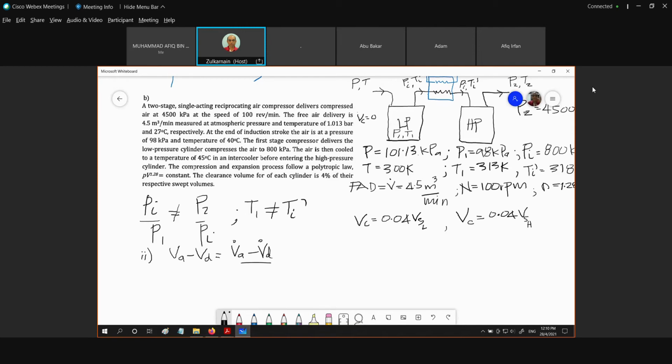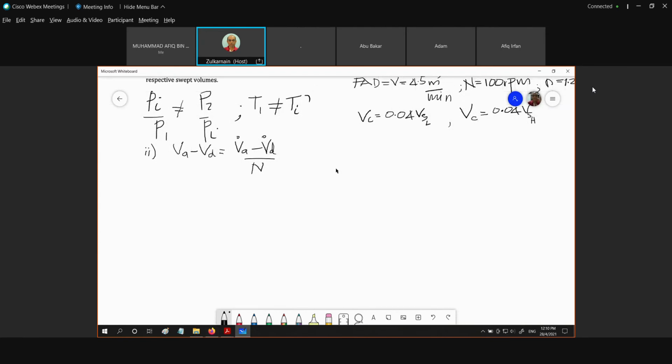divided by, to change from per minute to per cycle, we need to divide by the speed of the compressor. Okay. And then after that, we need to get what is VA minus VD in terms of value.